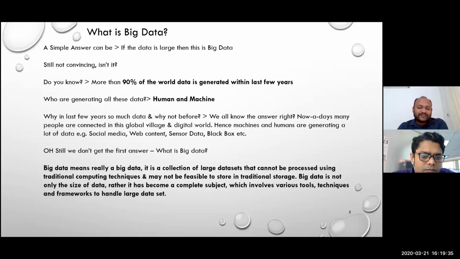All this data is generated every day. And we are searching a lot of data in many different regions.